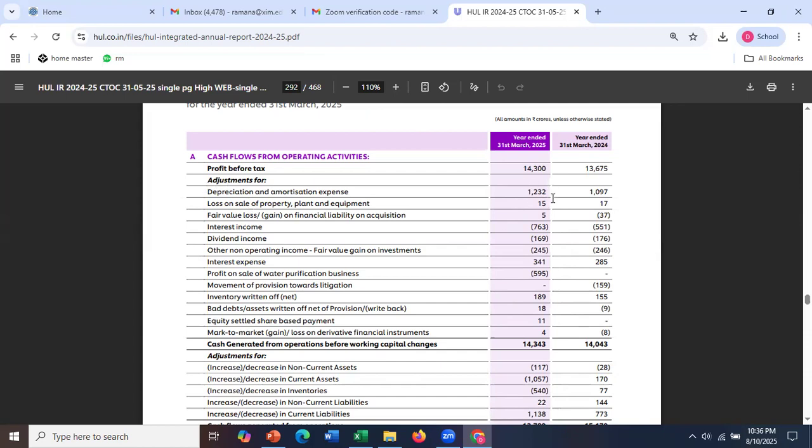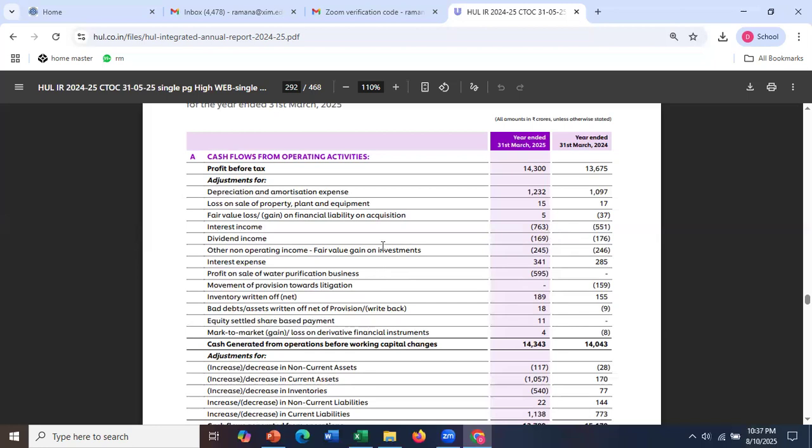For example, let me just pick up two items. Depreciation is added back to the PBT because while computing PBT, depreciation has been deducted. Why did we deduct depreciation? Matching principle. Interest income has been deducted here because interest income has been shown in HUL's income statement, and interest is not an operating income for HUL.